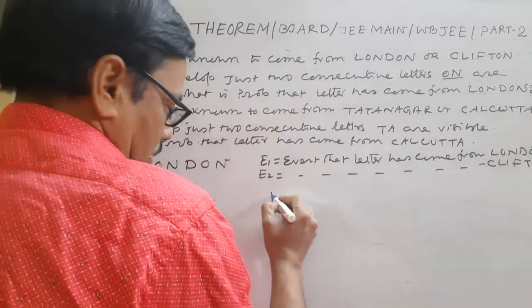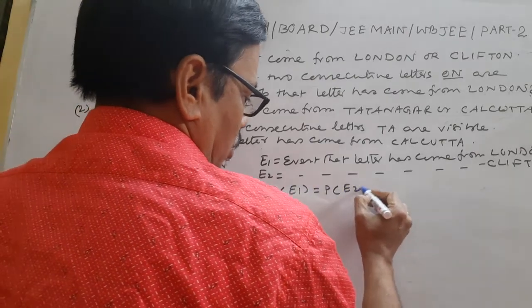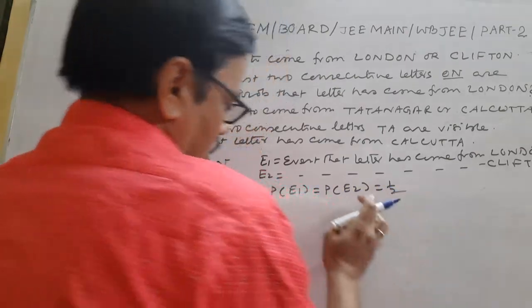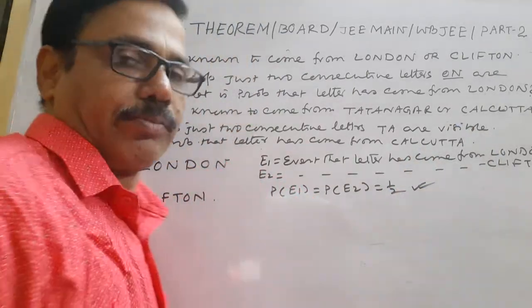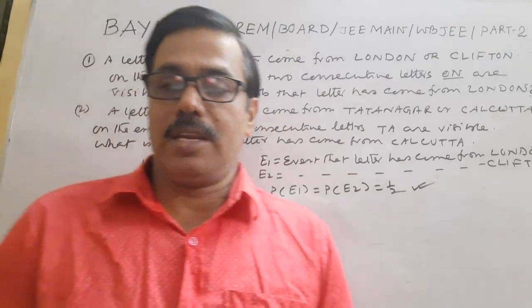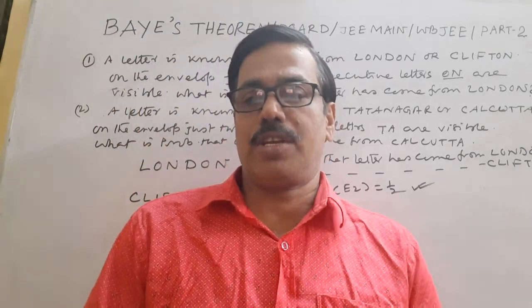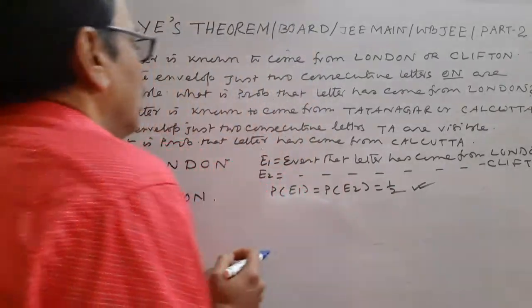So there are two places. So probability P(E1) equals P(E2) equals half. So the sum of them is 1. So this is the first step. Now we have to define an event associated with E1 and E2. It will be clear from the problem.